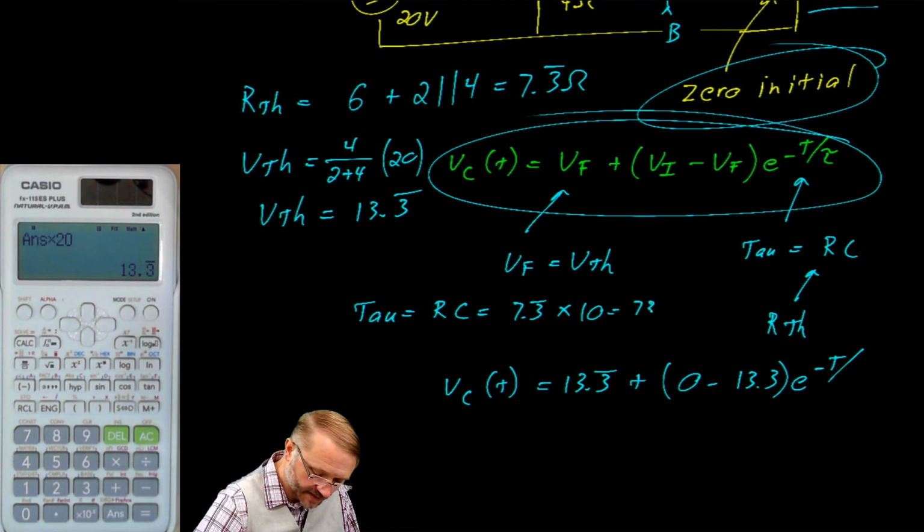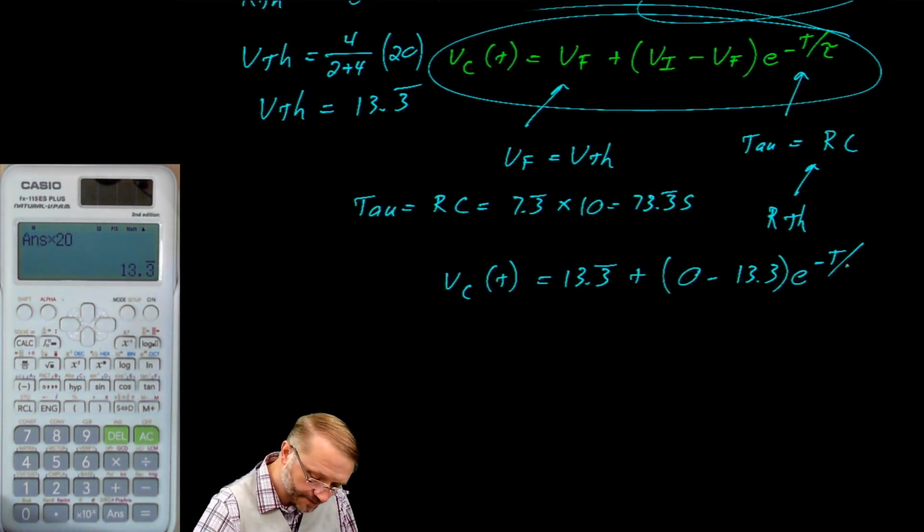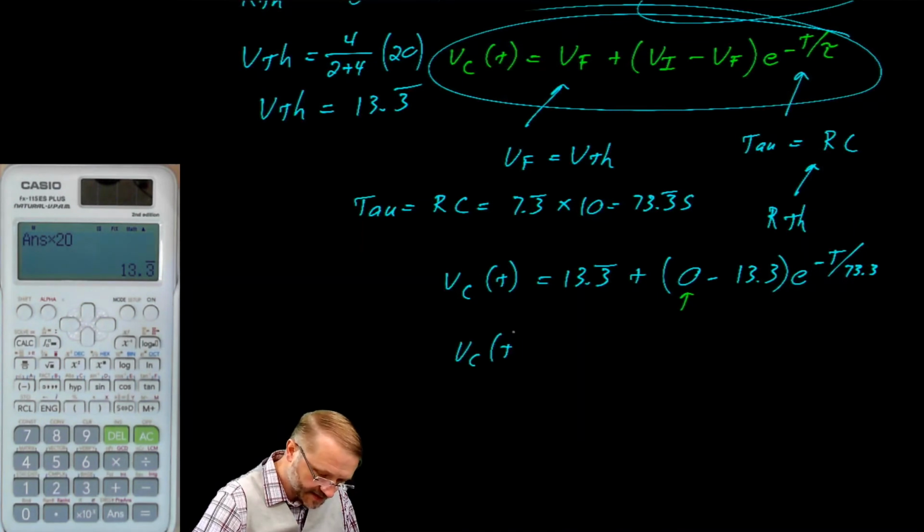So that's 73.3 seconds. And that goes here. Since this is 0, we can simplify it a little bit. Vc of t is equal to 13.31 minus e to the negative t over 73.3.